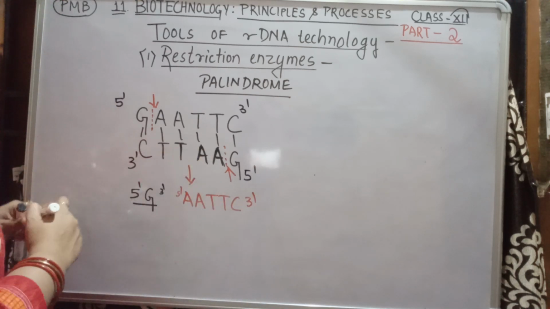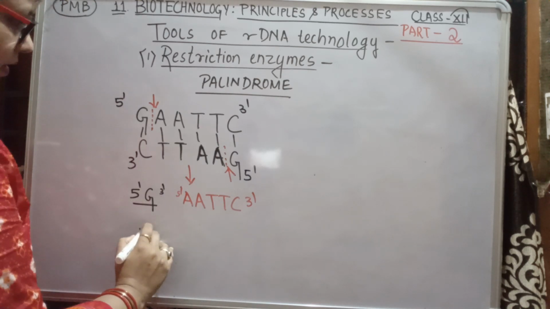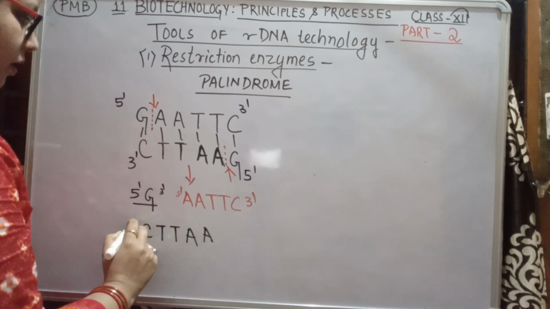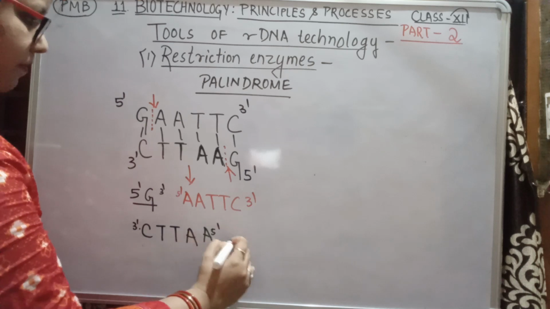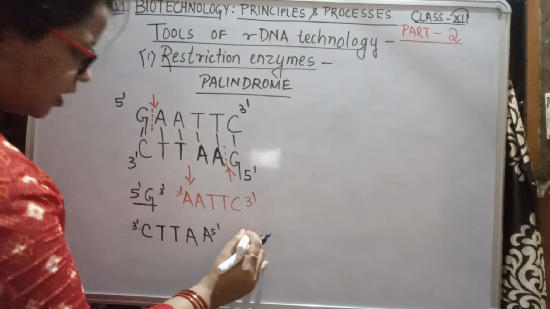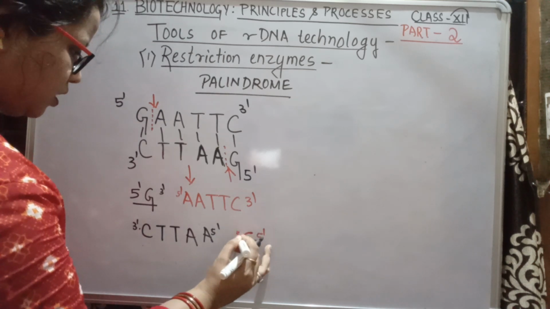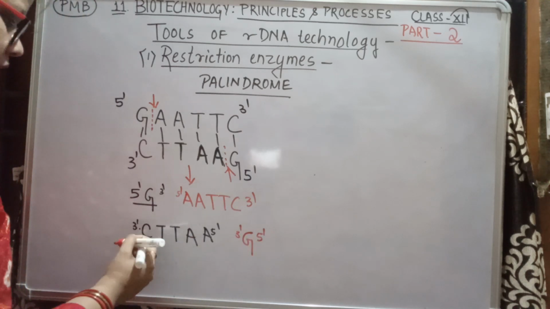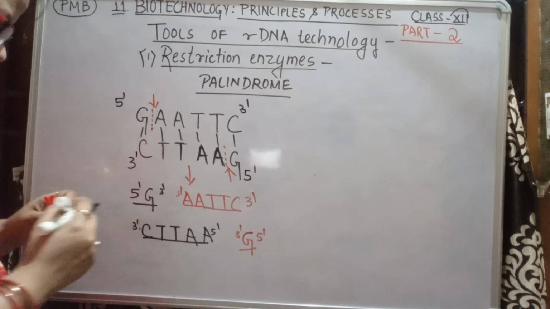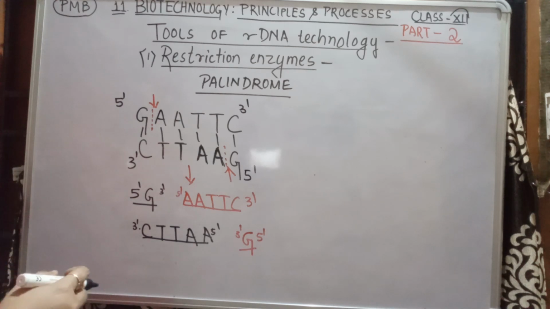Likewise, from the other sequence we get CTTAA, which was from 3 prime to 5 prime, and a single G, which we said is also the same. So this is what we got after the restriction enzymes made a cut.